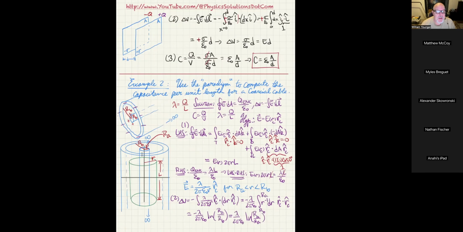So with that in mind, I can now calculate the flux, or excuse me, calculate the capacitance. So here is example 2 continued. We've got delta V equal to lambda over 2 pi epsilon naught times the natural log of RB over RA, which now makes that, of course, a positive quantity. And we're now able to do step 3.